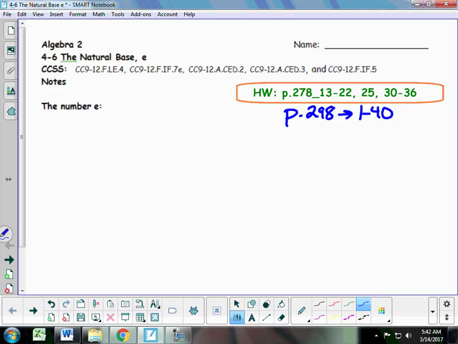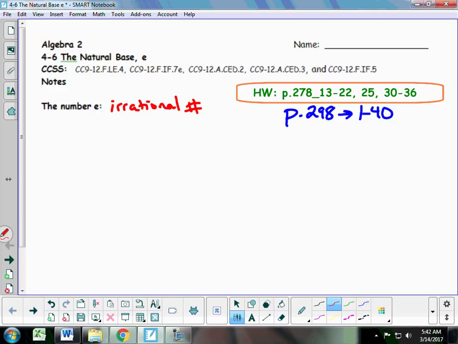So the number E, it's kind of weird to hear it called a number, but E is a number. It is an irrational number, and what that means is that it's a decimal value that goes on forever without repetition.